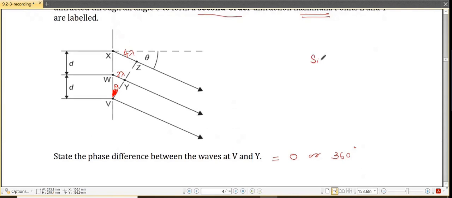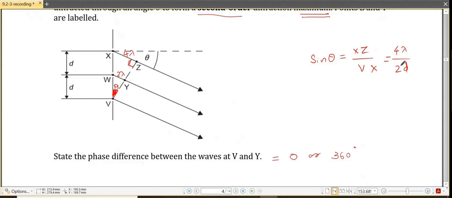So sine theta will be equal to the opposite side. This is the right angle, right? So the opposite side, which is XZ, upon the hypotenuse, VX. We said XZ is 4 lambda, and VX is from here to here, 1 is d, so it will be 2d.